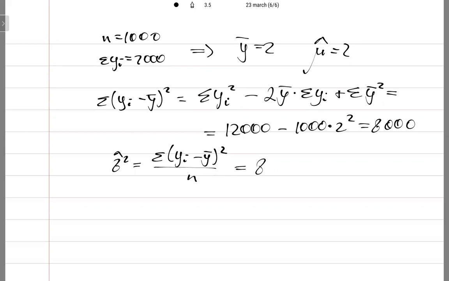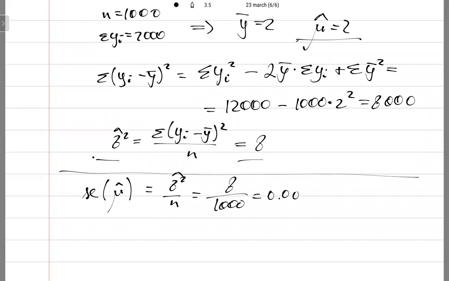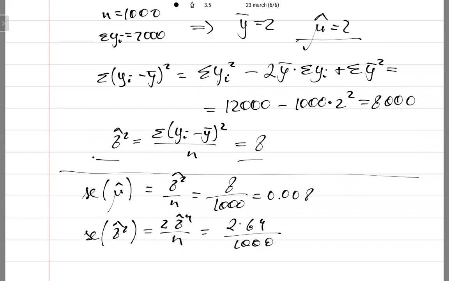And finally, the standard errors, that are estimates. Our standard error for mu is sigma squared over n, 8 over 1000, which is 0.008. Standard error of sigma squared is 2 sigma to the power 4 over n, as far as I remember. And it will be 2 times 64 over 1000, it will be 0.128.